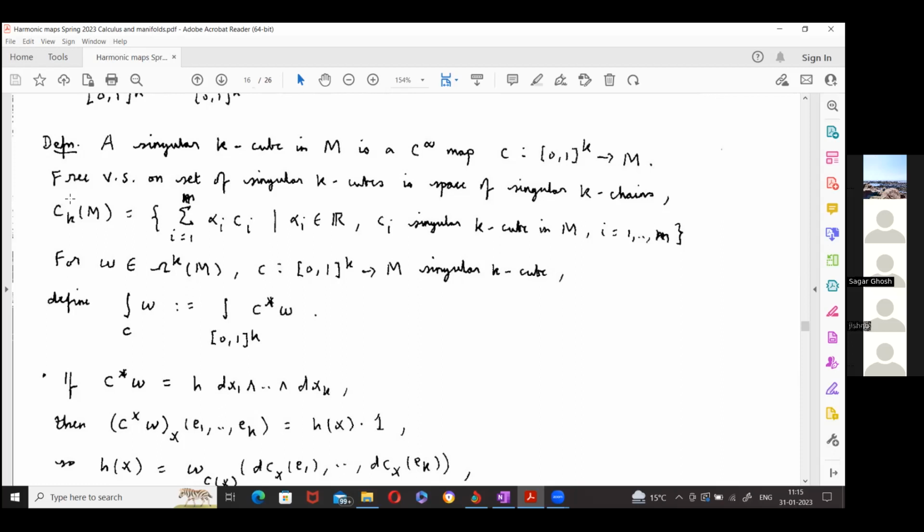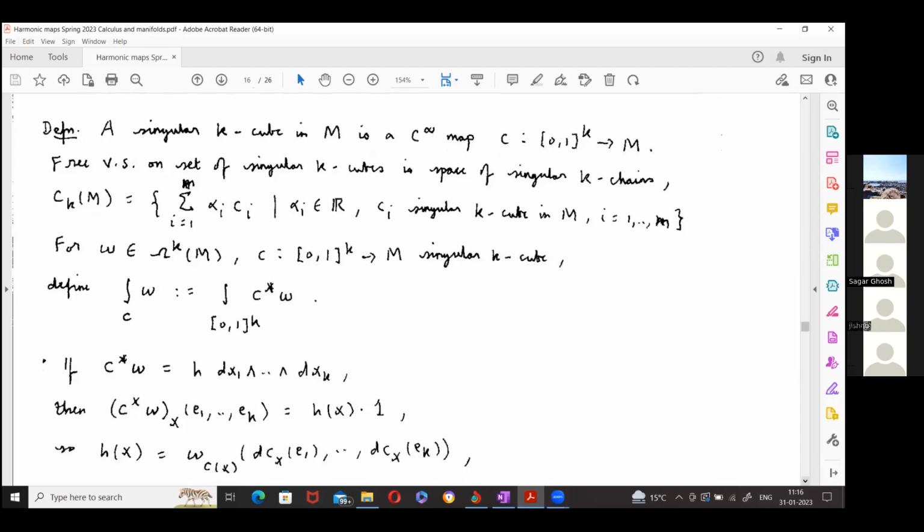So it extends uniquely by linearity to a linear function on the space of K chains, right? Okay. So the integral of omega is defined over any singular K chain. All right.